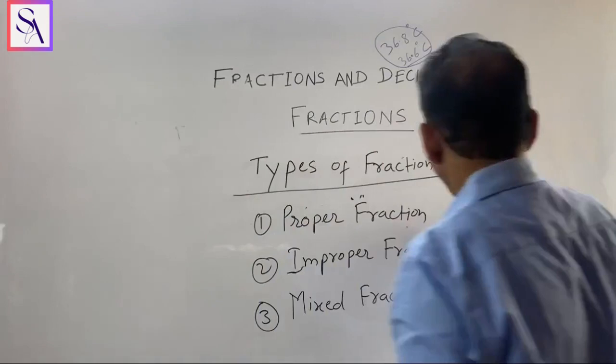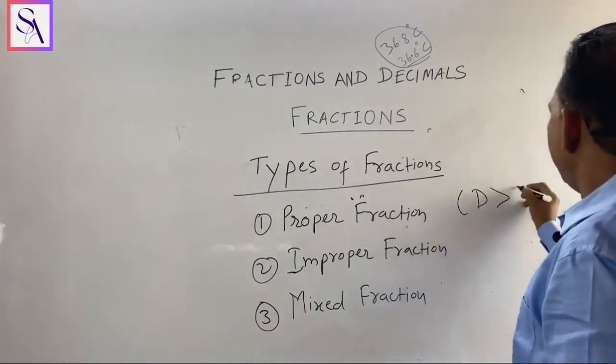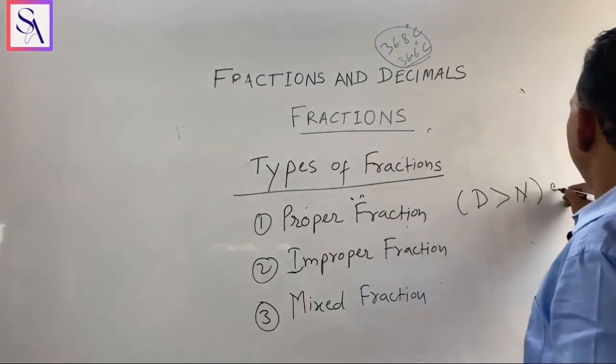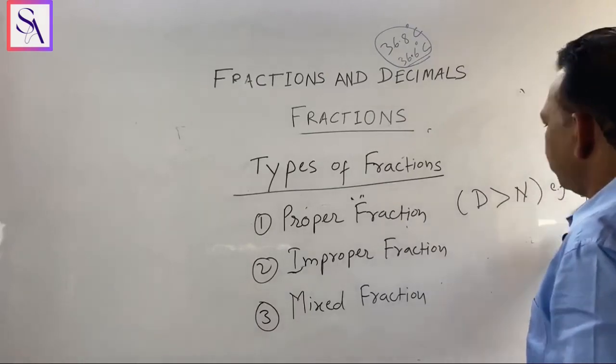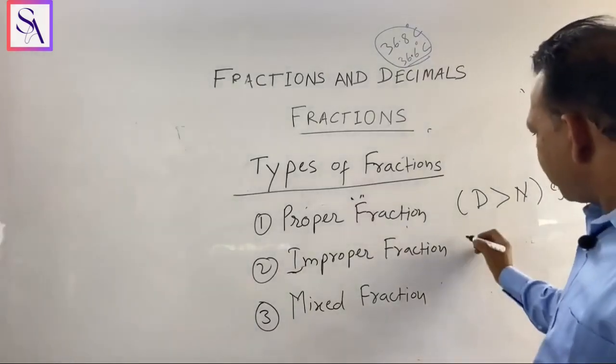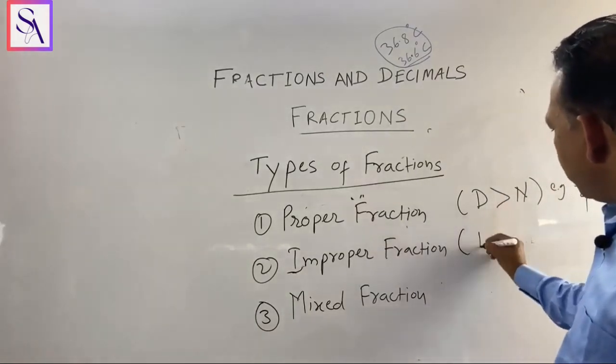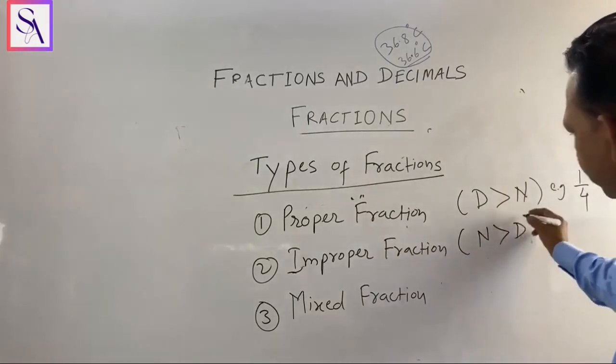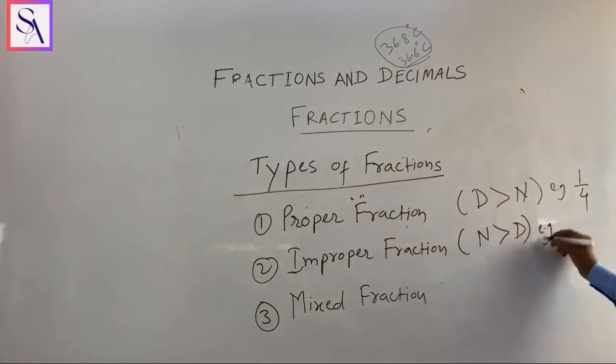In proper fraction, denominator is greater than numerator. Example, 1 by 4. In improper fraction, reverse, numerator is greater than denominator. Example is 4 by 3. Here numerator is greater than denominator.